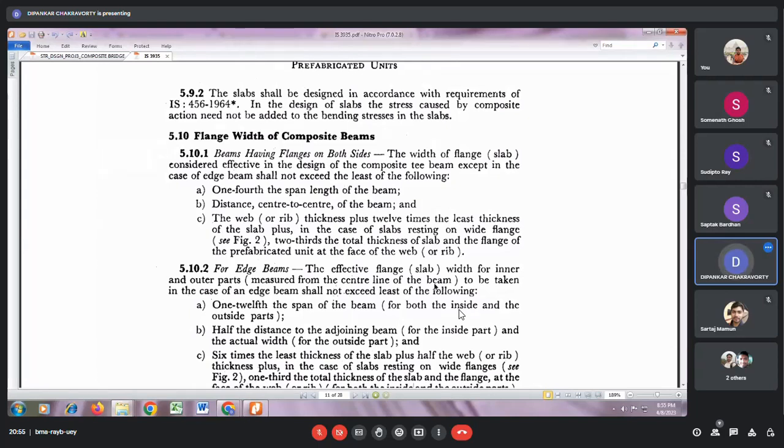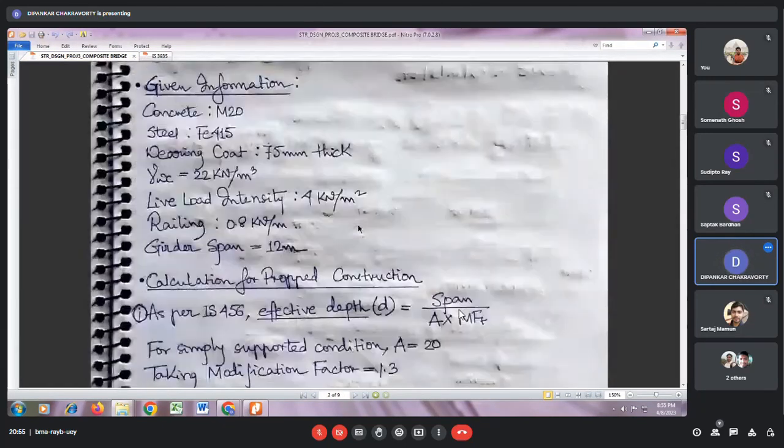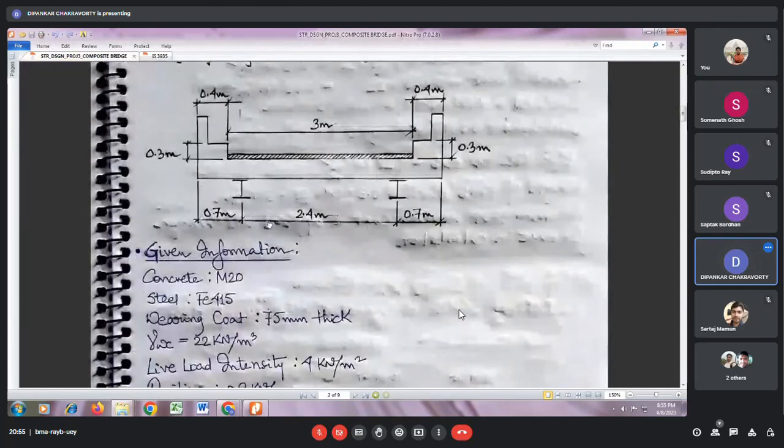I told you in the last class that the width of the concrete deck here is what? 2.4 plus 1.4, meaning 3.8 meter. But don't think that 1.9 meter of the deck will activate this girder and 1.9 meter will activate that girder.